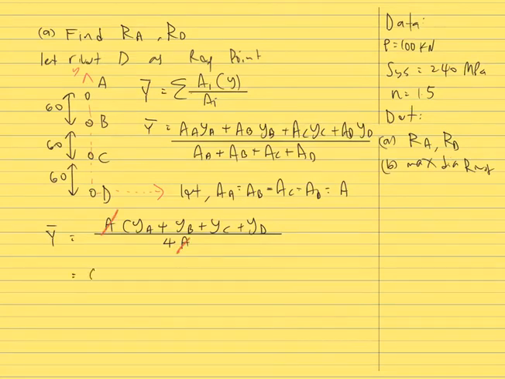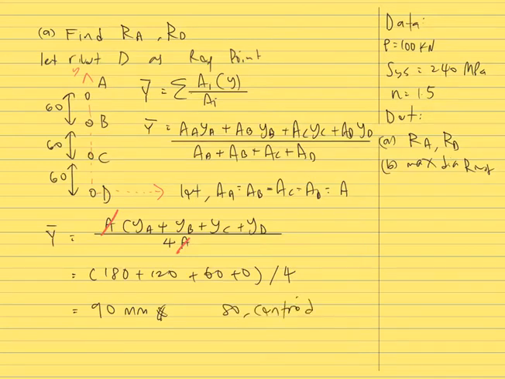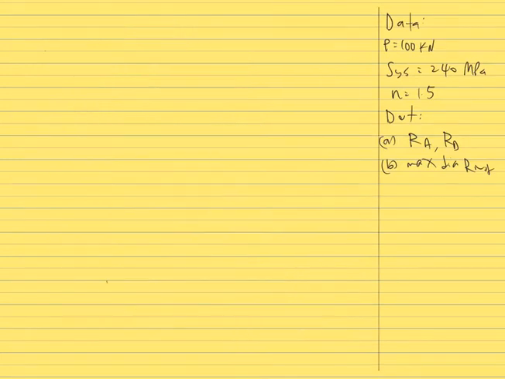YA is 180, plus YB 120, YC 60, and YD 0, divided by 4. So we get y bar equal to 90 millimeter. The centroid of this rivet configuration is located at (0, 90).